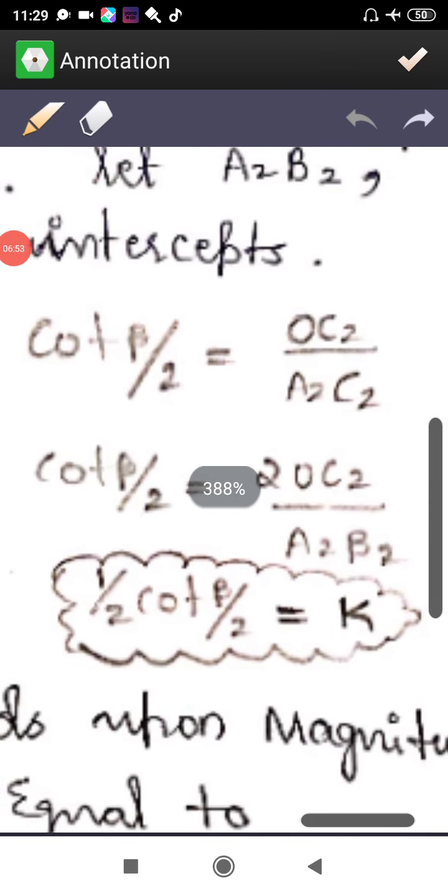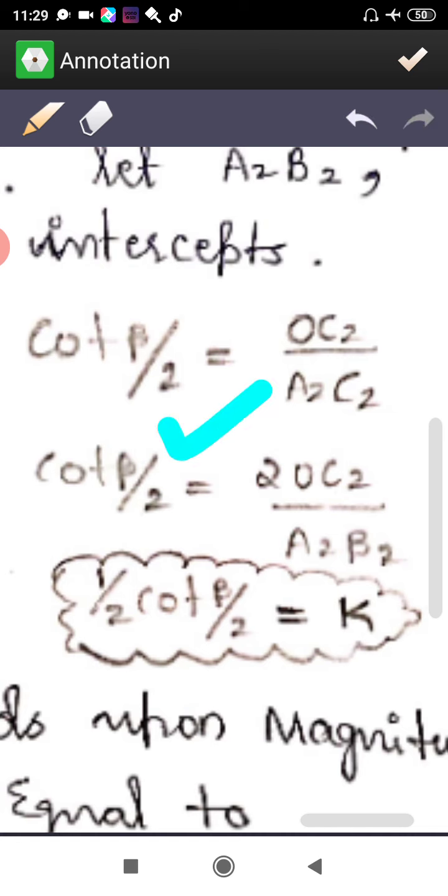Cot beta by 2 is equal to 2 times of OC2 divided by A2B2, right? Then half of cot beta by 2 is equal to what? That is going to be K, and this is according to the figure. Half of cot beta by 2 is equal to K. You have to remember that.